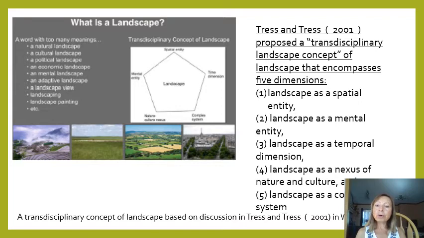A landscape is also a nexus of nature and culture. It's a place of human-environmental interaction. A landscape typically includes both natural and man-made phenomena. And finally, a landscape is a complex system.